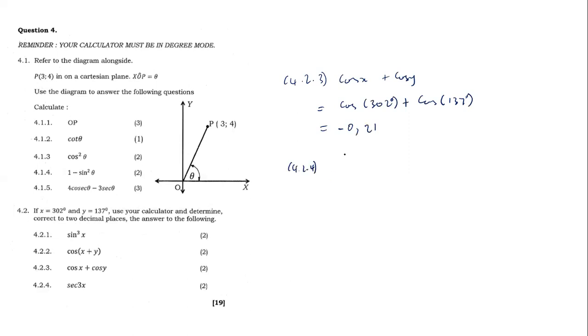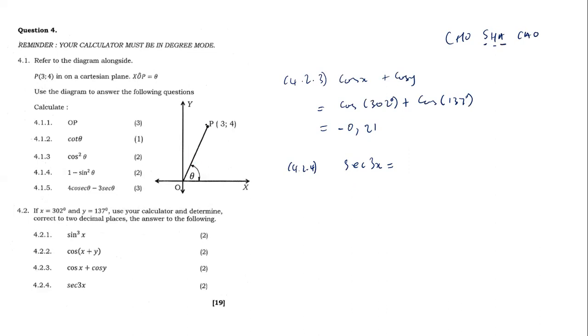4.2.4, our expression is sec 3x. So remember, cho, sha, cow. We want sec. Sec is hypotenuse over adjacent.